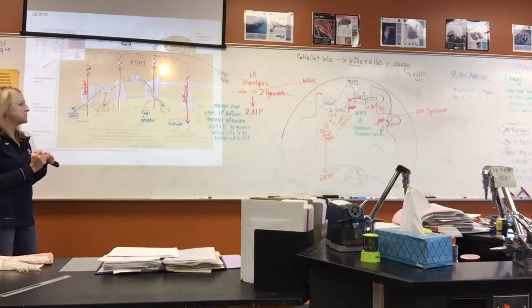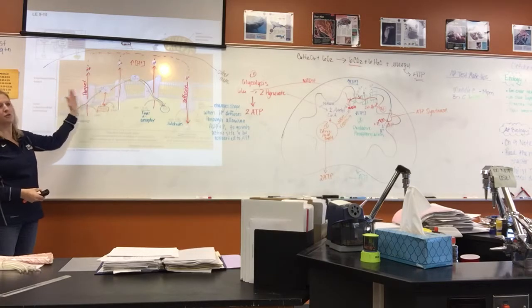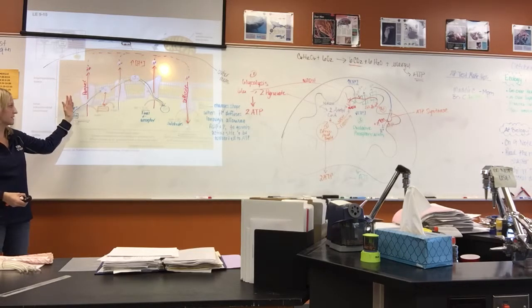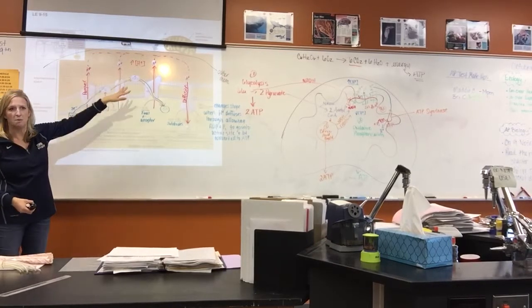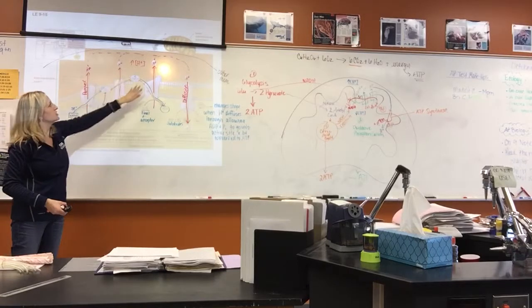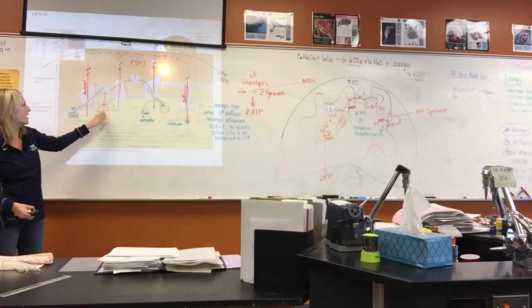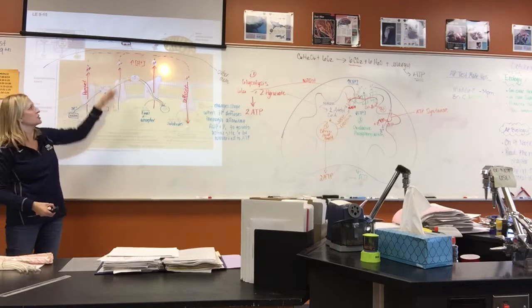The only real difference is the electrons of FADH2 never go through this first complex here. Therefore, fewer H pluses are pumped through. Does that make sense? Here there are only 2 pumped out per FADH2. For NADH, there are 3.